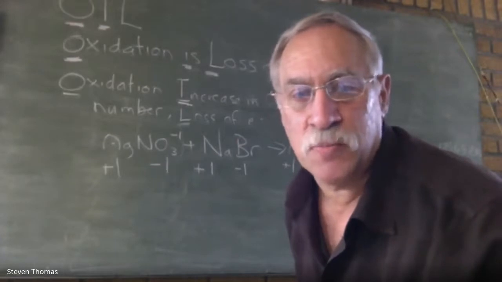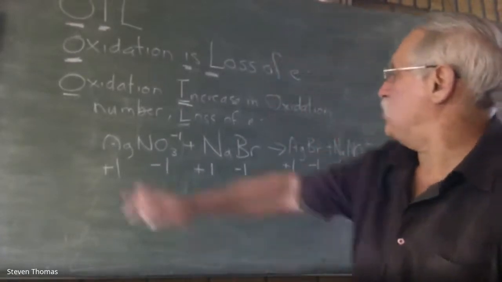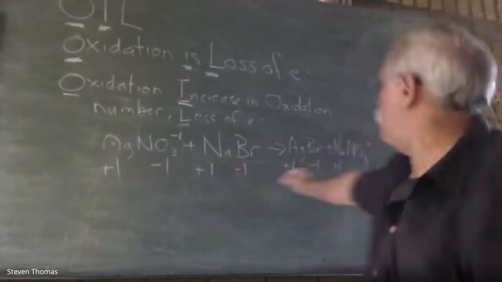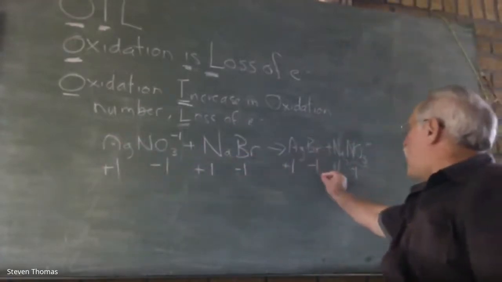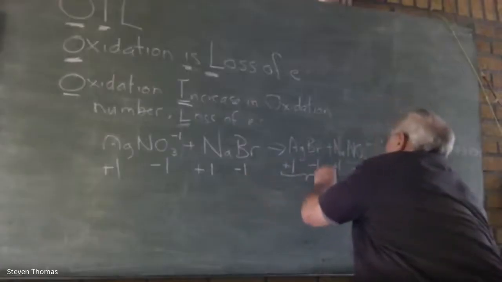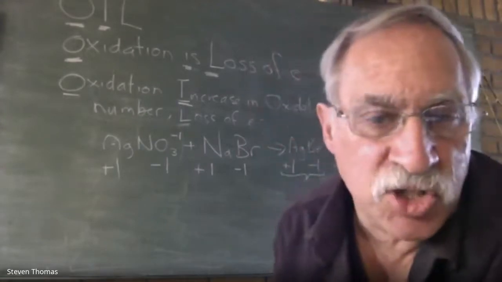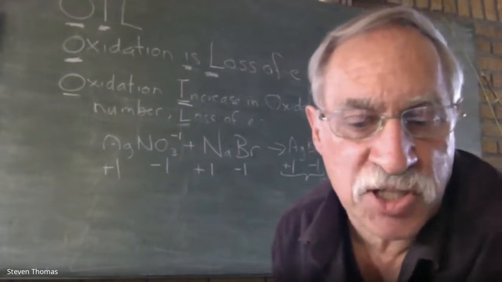Okay, so this is a non-redox reaction. What we learned was that when silver reacts with a halogen, it forms a solid. Why? Because silver bromide is insoluble. It used to be the test for halogens.